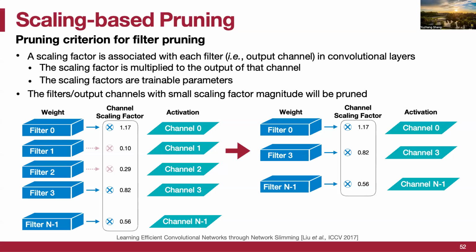Only keeping the filters with larger scaling factors, and then we have a pruned neural network. This is how we use the scaling factor idea for convolutional neural network slimming.